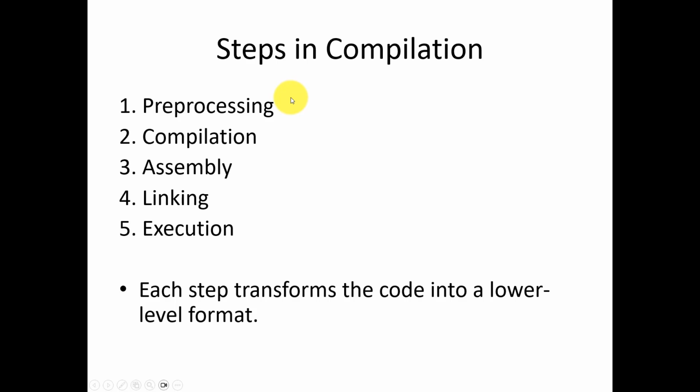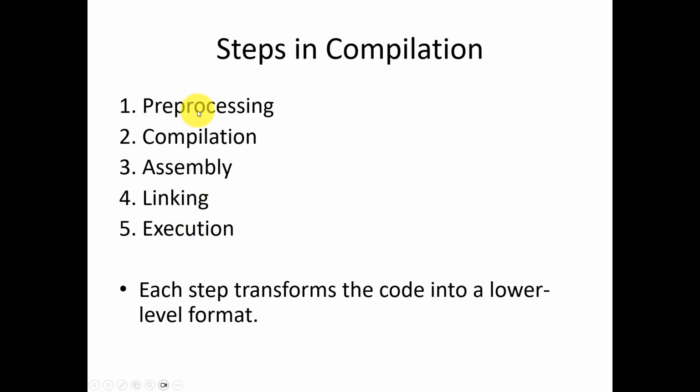Here you have the steps in compilation. We have 5 steps. The first step is pre-processing. The second is compilation itself. The third is assembly. The fourth is linking. And the fifth is the execution of the executable file, which was made following the compilation process.